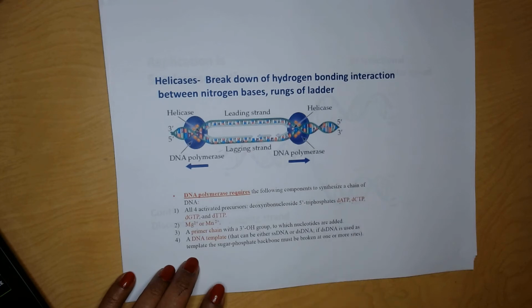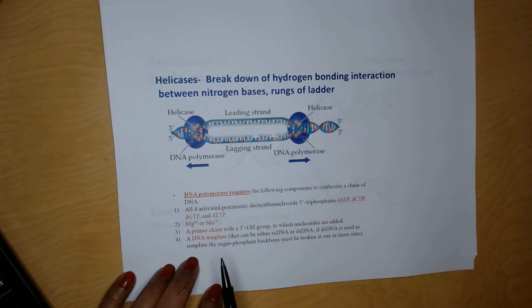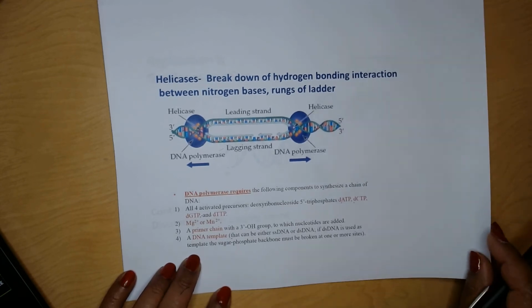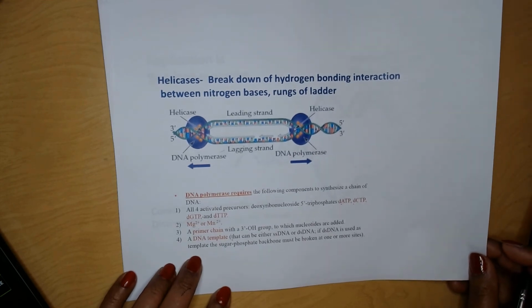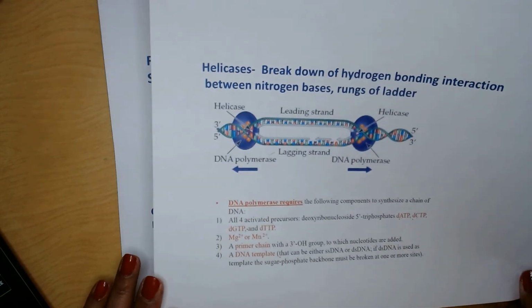That means the sugar unit with the triphosphate in order for the reaction to work. The next thing is the use of a primer, and the primer is a very short strand of RNA. Now we have 2 templates, but in order to keep it open, we will need to use some enzymes called single strand binding proteins.